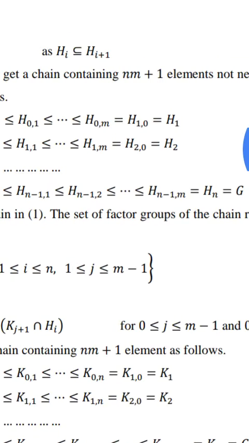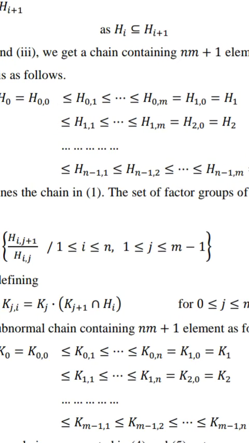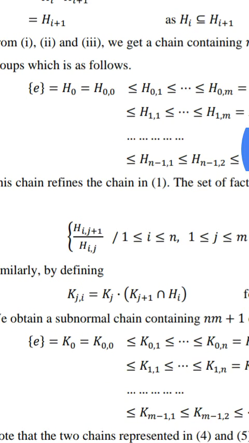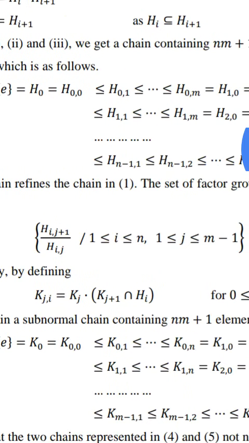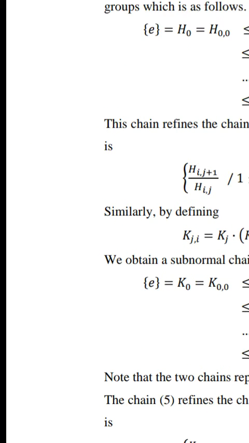The set of factor groups of the chain represented in 3 is Hij+1/Hij, where 0 ≤ i ≤ n-1, 0 ≤ j ≤ m-1.